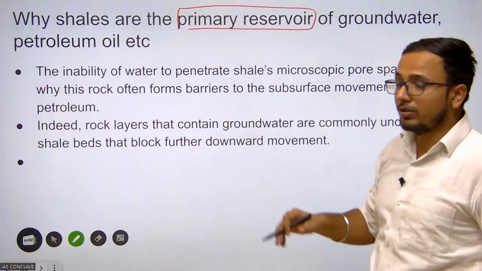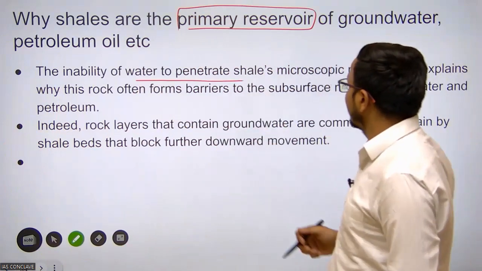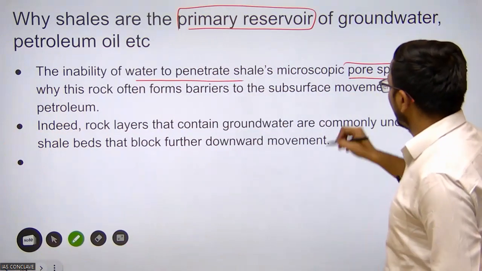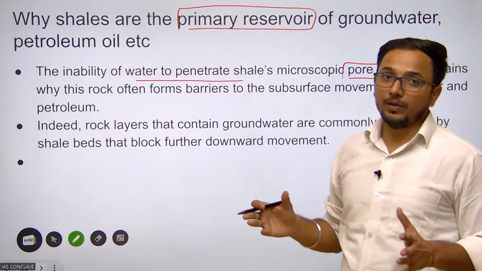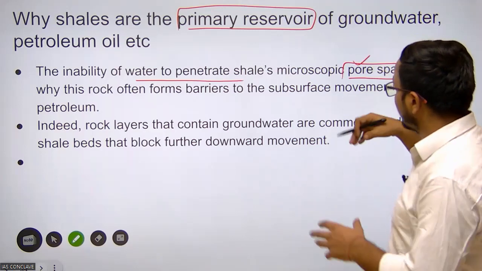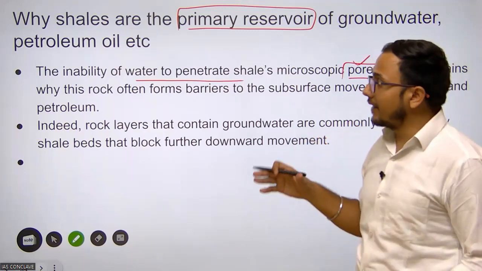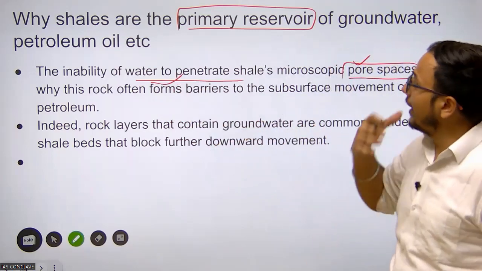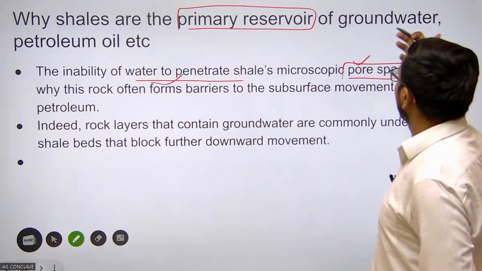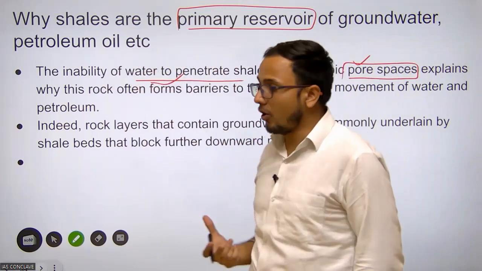Shale has microscopic porous space, because you know that these are clay-sized particles and they do not have any porous space. These are very microscopic, and that's why water cannot penetrate through the shales, and that's why it acts as a primary reservoir for the groundwater and the petroleum oil.